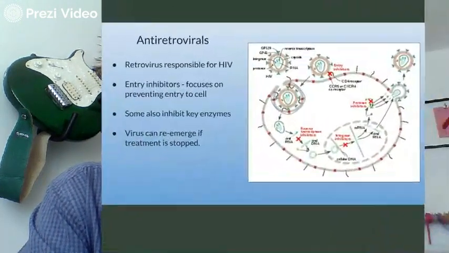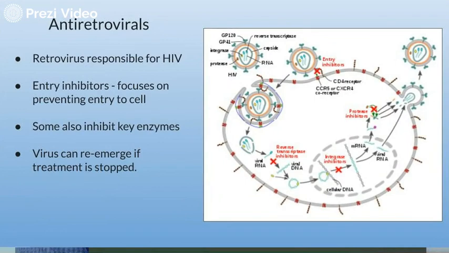Going into a bit more depth within antiviral drugs, there are a group of drugs called antiretrovirals, and these are essentially drugs used to treat things like HIV. So a retrovirus is a virus that's responsible for HIV. This particular group of therapies essentially work by preventing the entry of the virus particle into the cell.